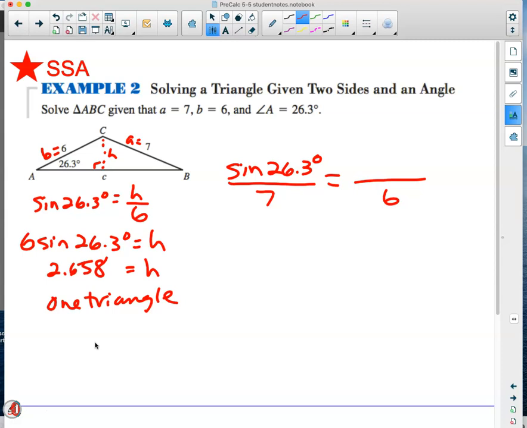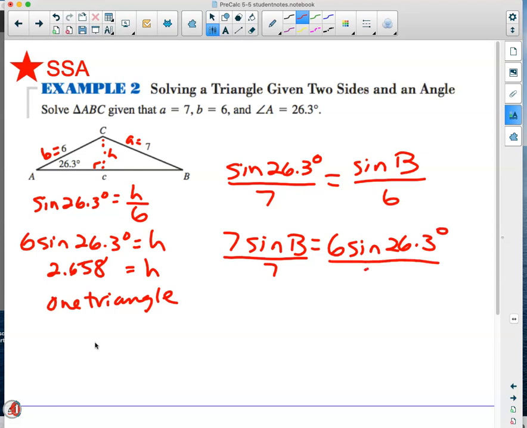So that's going to be the sine of angle B. And now I have to cross multiply and figure out how I can get angle B out of this. So it will be 7 sine of angle B equals 6 sine of 26.3 degrees. And then I'll have to divide both sides by 7.